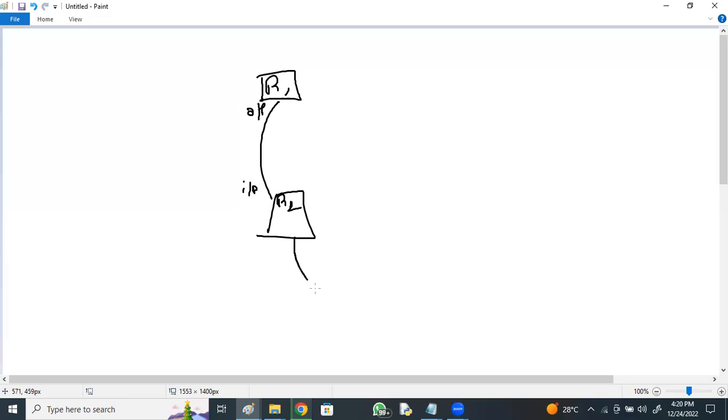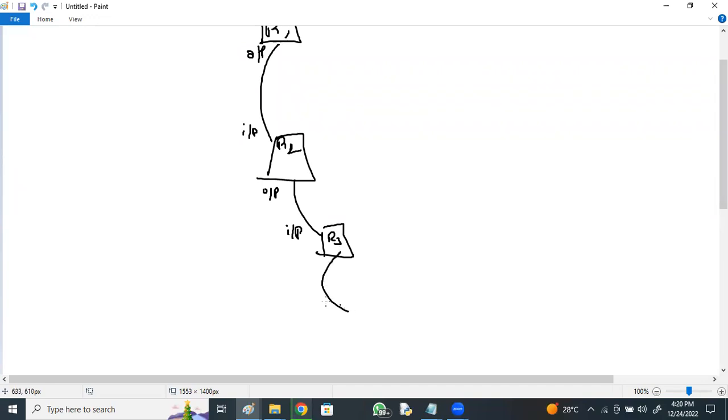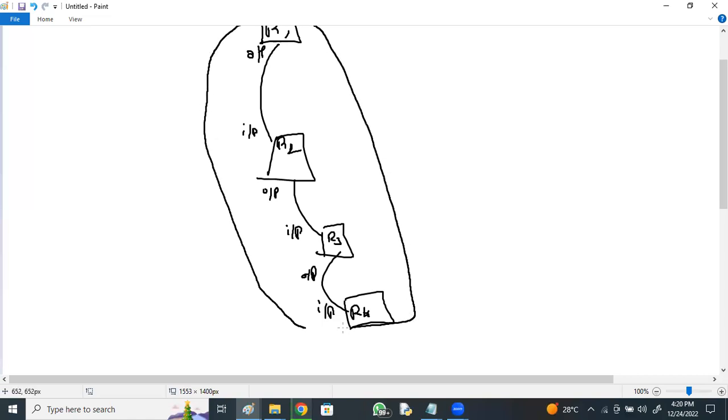Again, the output of R2 will be the input to R3. The R3 output will also be the input to R4. So one output is the input to the next one. This entire thing we call a data flow.